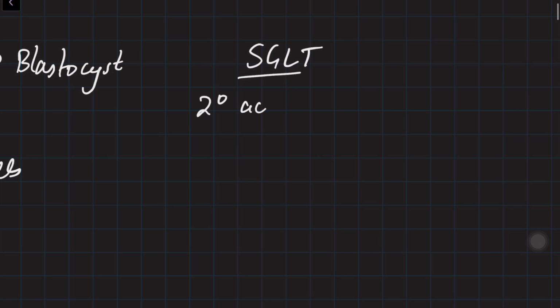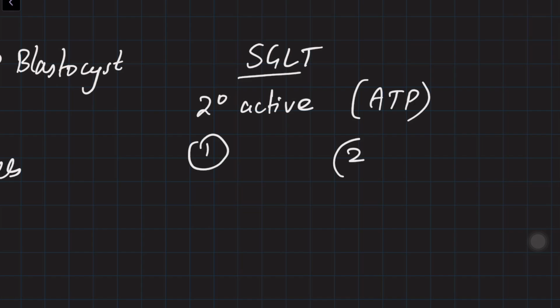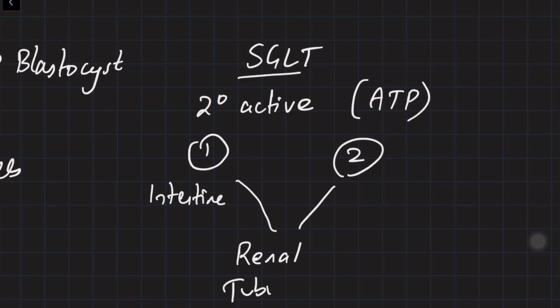It transports by secondary active transport, that is, it needs ATP, some sort of energy. So there are two types, SGLT1 and SGLT2. SGLT1 is exclusively seen in the intestine, but SGLT2 is seen, along with SGLT1, in the renal tubules. And there is a drug class called SGLT2 inhibitors, which are your flozins.